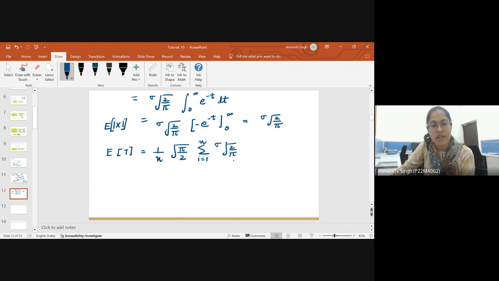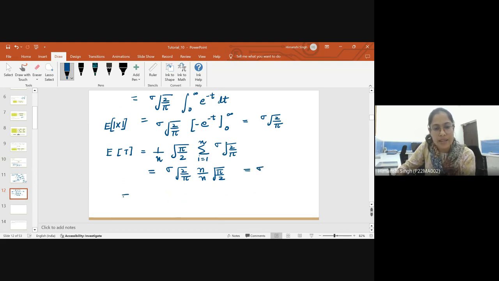Now this is a constant, so it will come outside, and the summation over 1 will be n. So it will be sigma under root 2 upon pi times n, and this n will get cancelled, so it will be sigma.